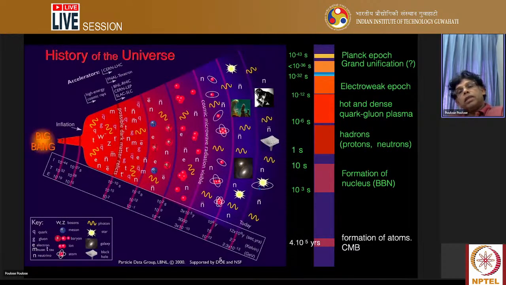So presently, apart from all the particles that we know exist terrestrially, astronomical and astrophysical observations, when combined with the general theory of relativity, tell us that there are other particles or other kinds of matter that exist, apart from the particles that we have been talking about in this course, the standard particles.